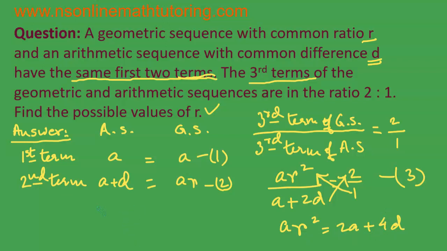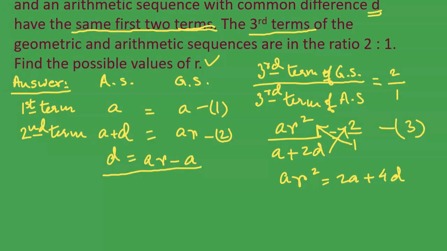So what we can do is, I can find the value of D from this second equation in terms of A and R. So D is equal to AR minus A. Now I just substitute this value of D over here.